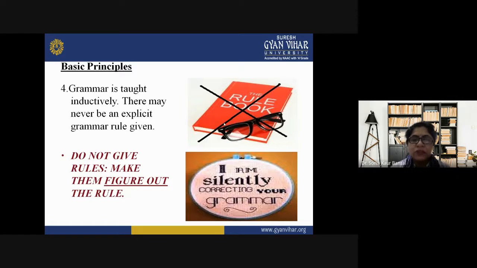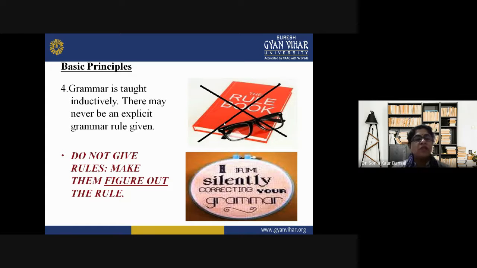So do not give rules first, make them figure out what the rule is. This is the principle of the direct method, that when we give the rules to our students, they simply learn the rule and forget about practicing what is essential for them. All right, so remember, grammar is taught inductively.